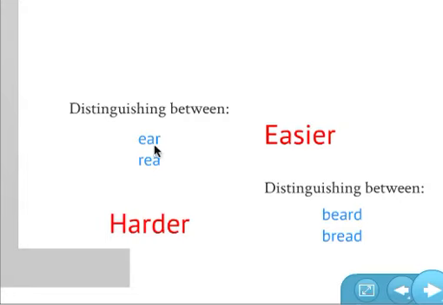Because in ear and ray, the word definitely looks more different at the beginning and end, right? Beard and bread both start with a B, end with a D, have the same number of letters, and they are actually the same letters flipped around.